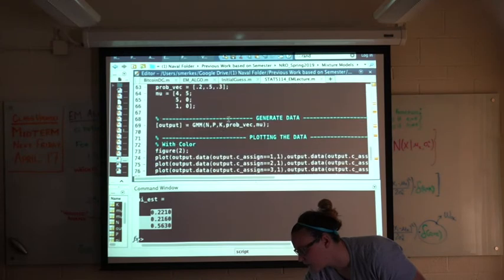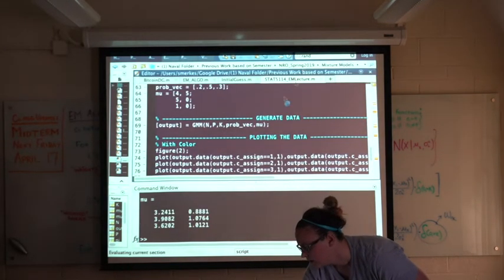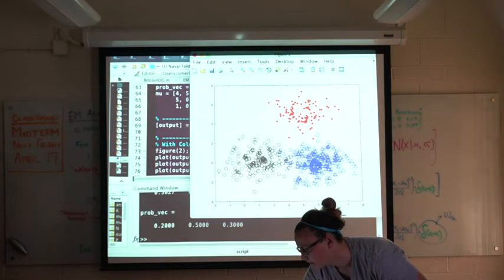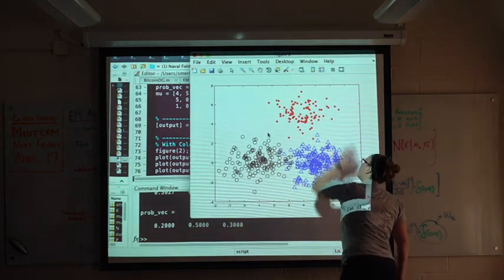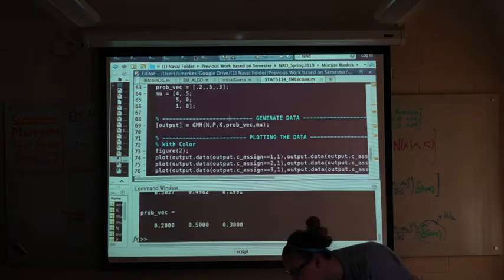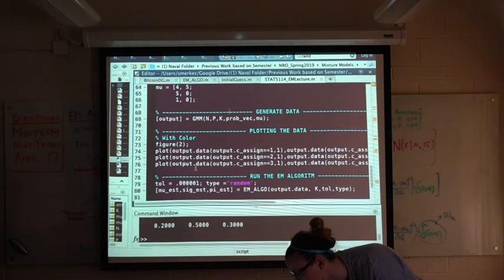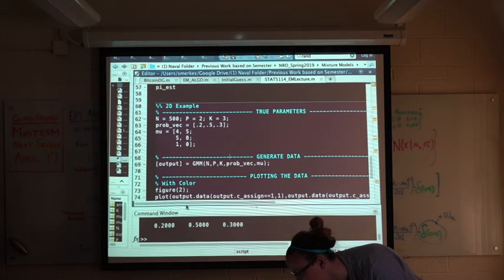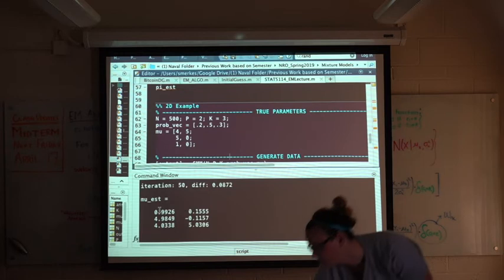So one more time, we'll go to higher dimensions just to show you guys it works. And so if we had higher dimensions, we have cluster 1, 2, and 3. There's my means, and my estimated means are right here.